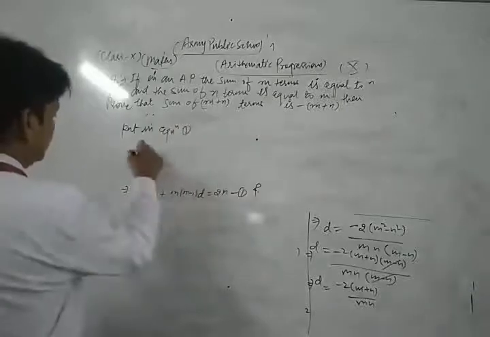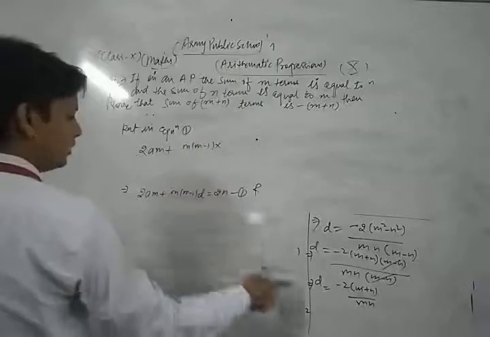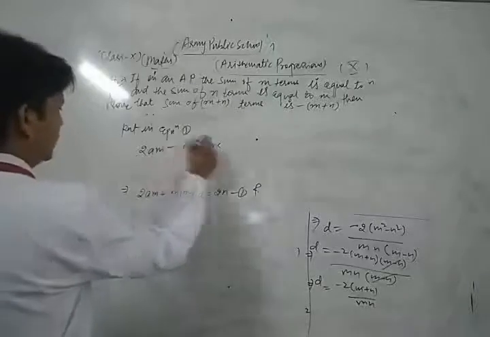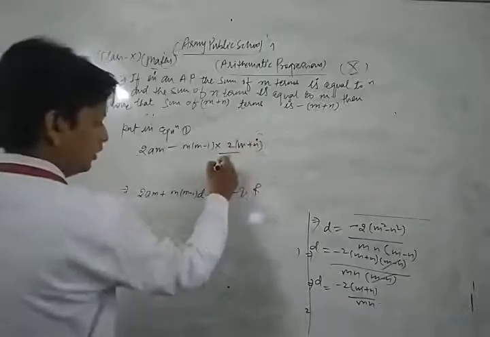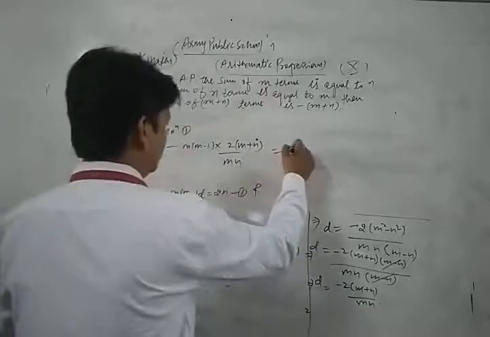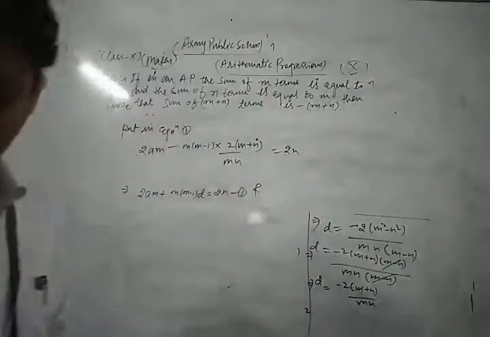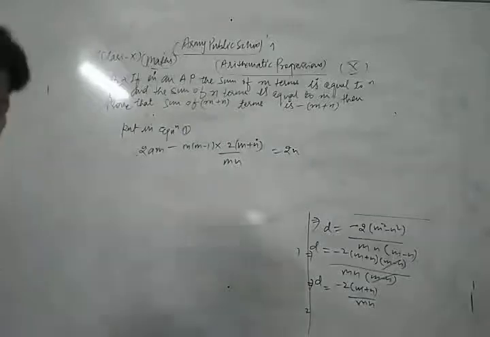So 2a plus (m minus 1) into d, the value of d being minus 2 upon mn, so here we write minus 2 (m plus n) upon mn, is equal to 2m. Now we simplify them. Let's see.